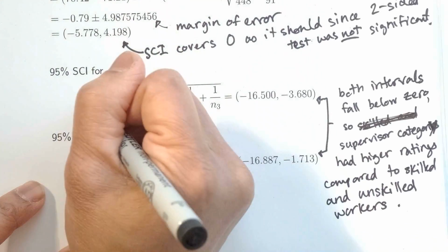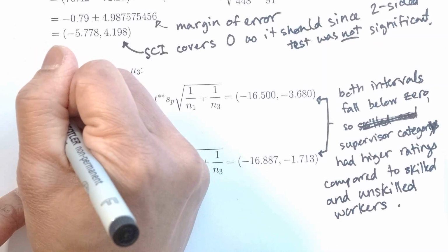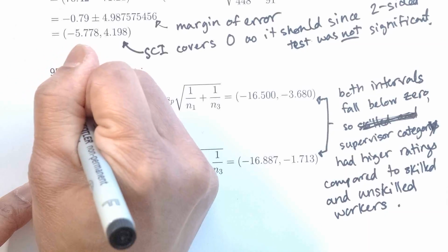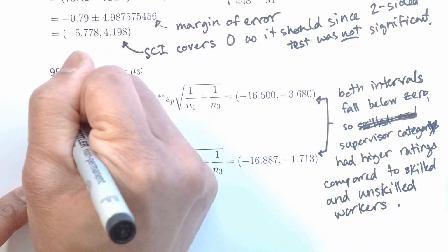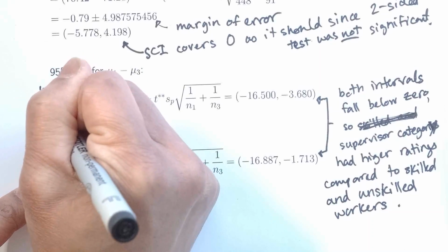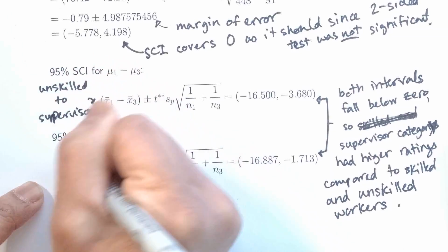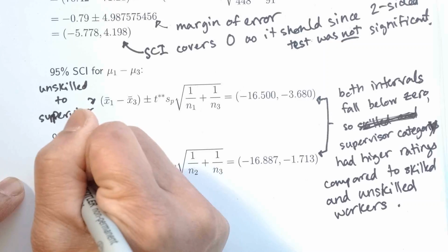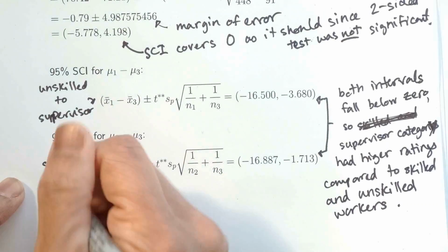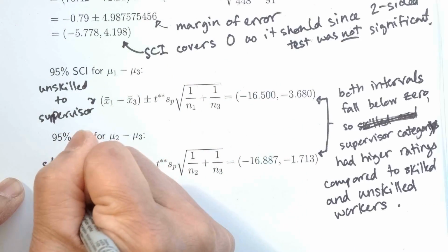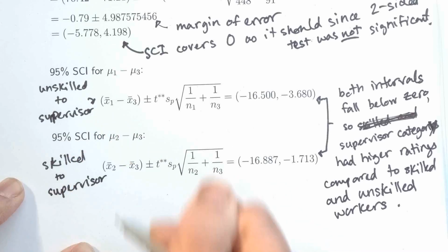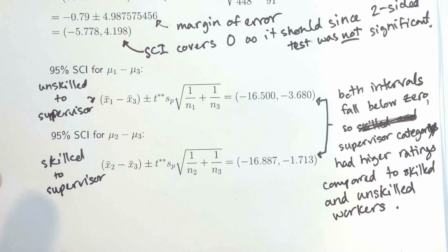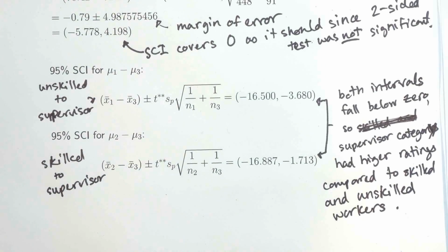Okay, so this one was looking at unskilled to supervisor, and this one was skilled to supervisor. All right.